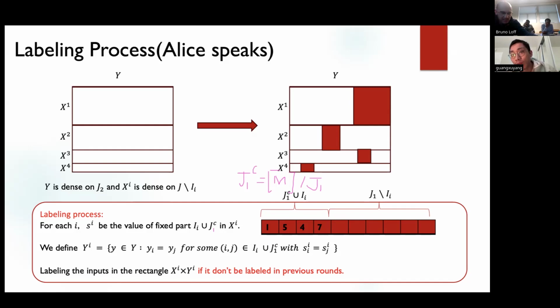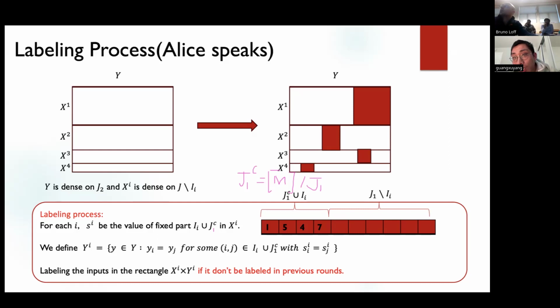No, within XI, the fixed part is constant. So if you look at the rectangle on the right, the X1 portion all has S1 fixed. The S2 portion has all S2 fixed. The X1 rows all have S1 in the coordinates.